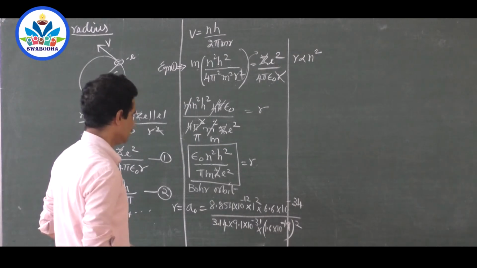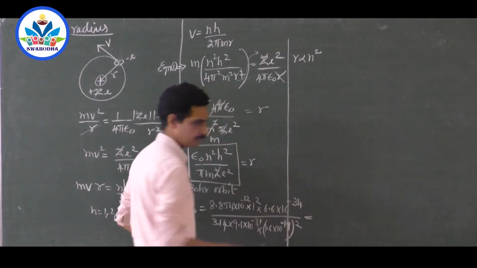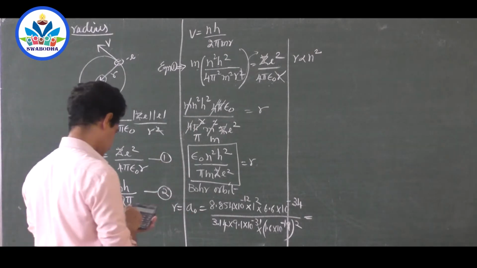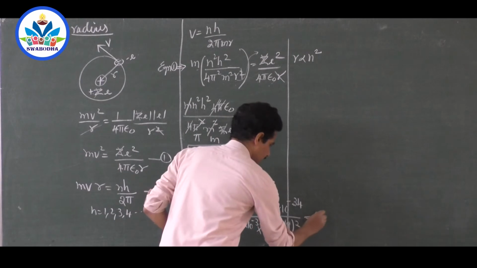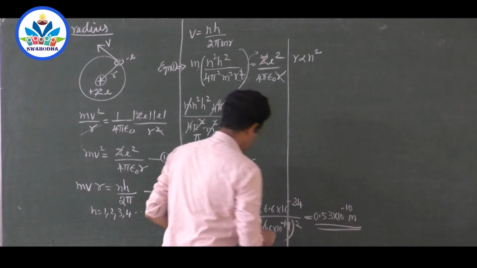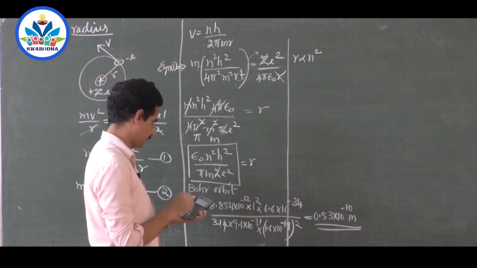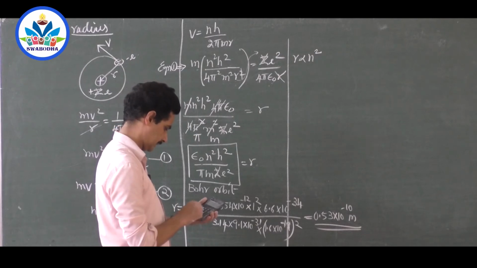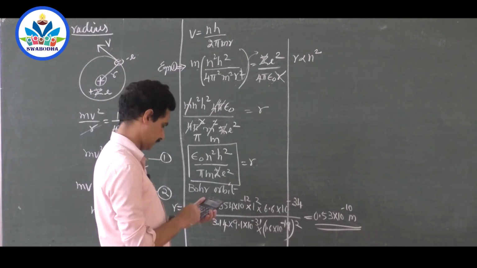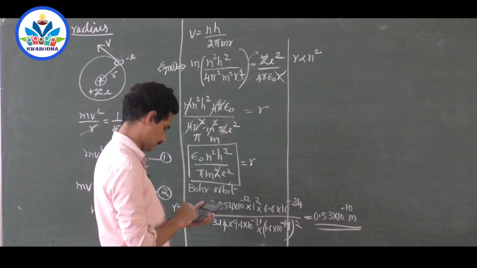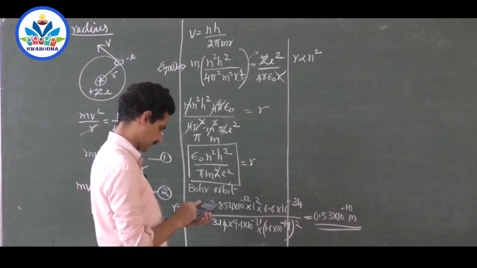Got it now? What is the answer of this? It is 0.53 angstroms. You can check it. If you have a calculator, you can check it. It will be almost equal to 0.53 into 10 to the power minus 10 meters. Yes, 8.854 into 6.6 divided by 3.14 divided by 9.1 divided by 1.6 divided by 1.6.